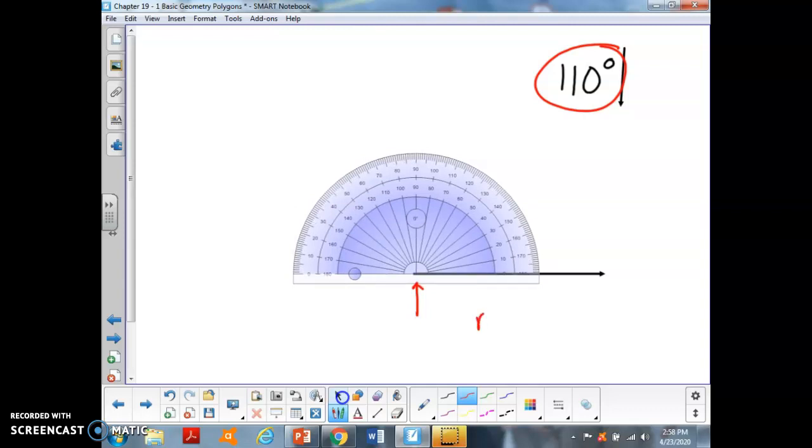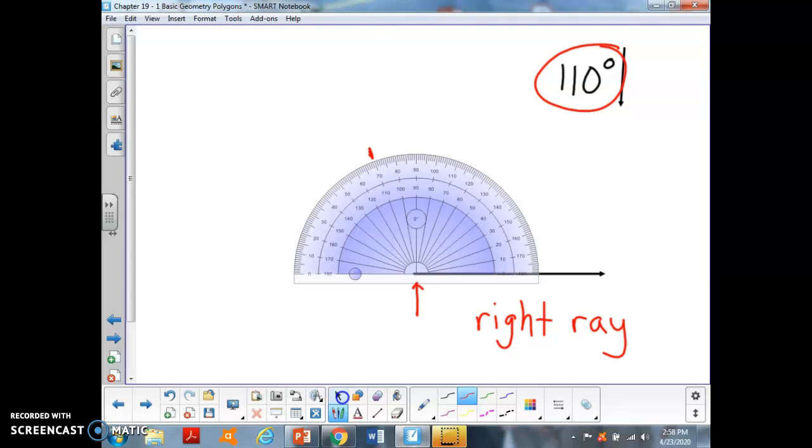Since I went to the right with my ray, so right ray goes right, I need the inner circle numbers, the ones on the inside. Gotta find 110. Well, 0 right there. Moving on up till I find 110, and 110 is right across from 70.